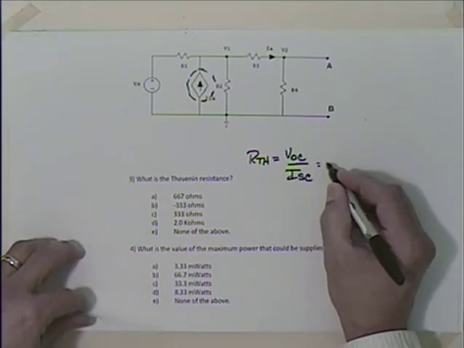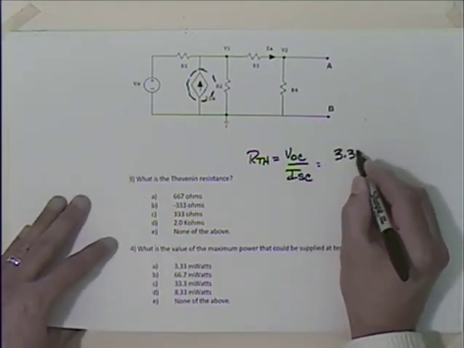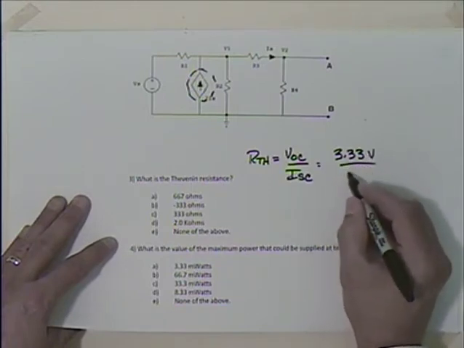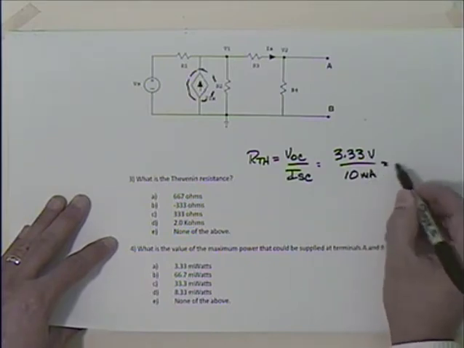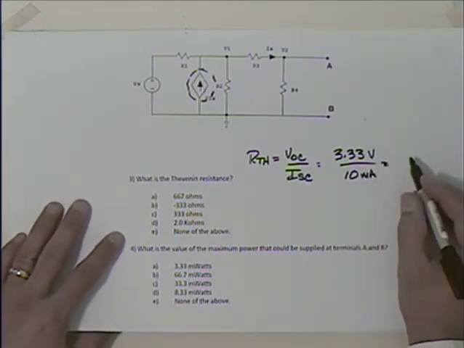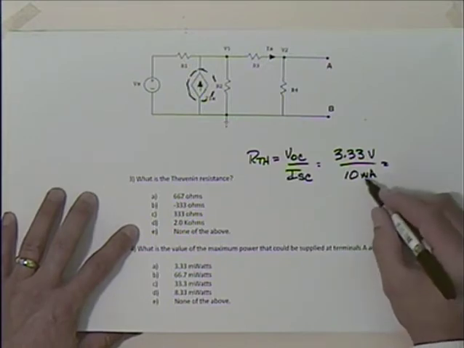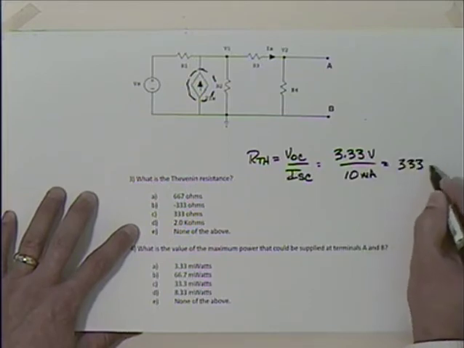So I can say when I put V open circuit in there, which is the open circuit voltage, 3.33 volts, divided by the short circuit, which is 10 milliamps, and be real careful of the units now, because we're going to get units in k ohms, right? So we'll get 333 ohms.